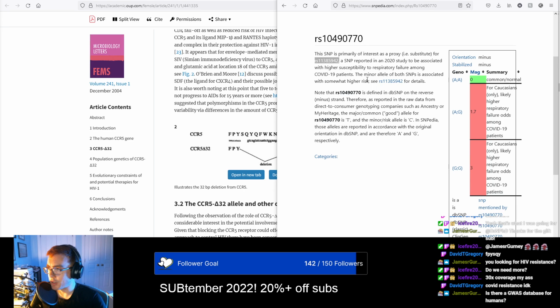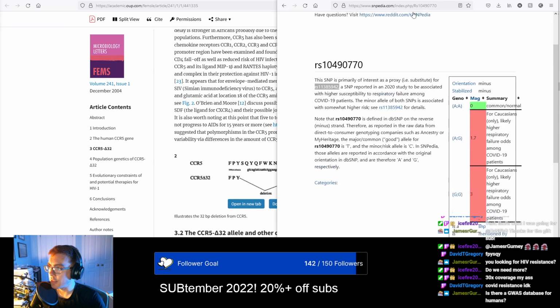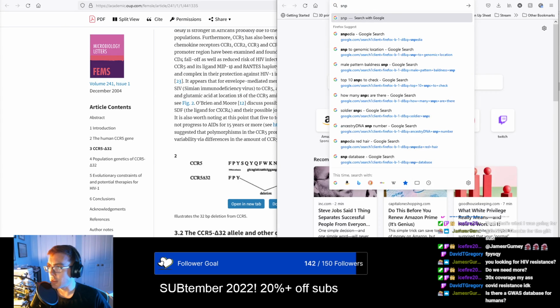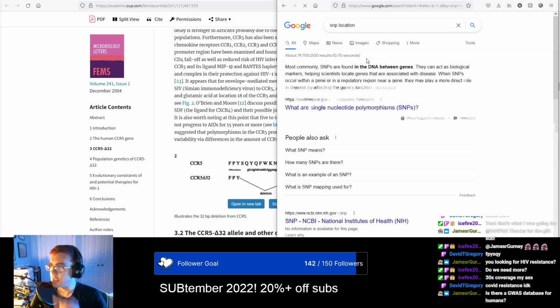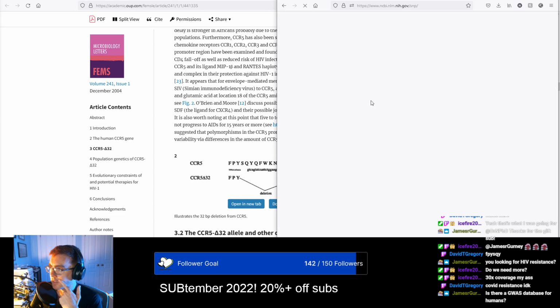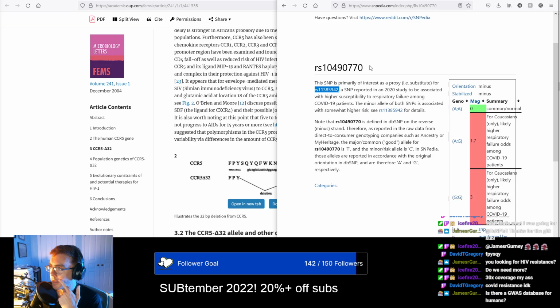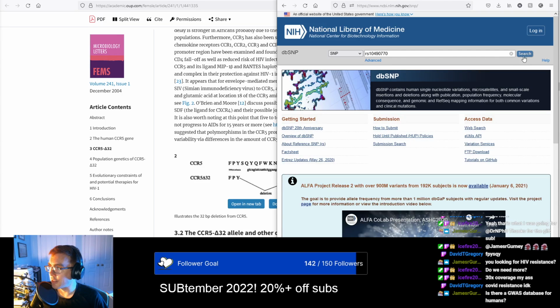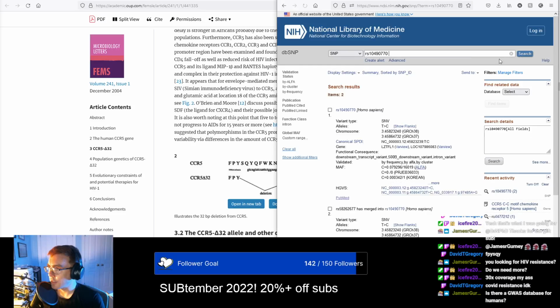I want to look up the SNP location. Maybe if I just search it on NCBI, they've got to know. Ah, there we go.